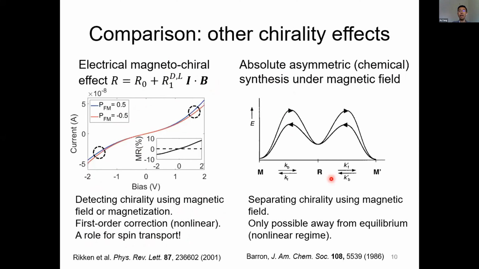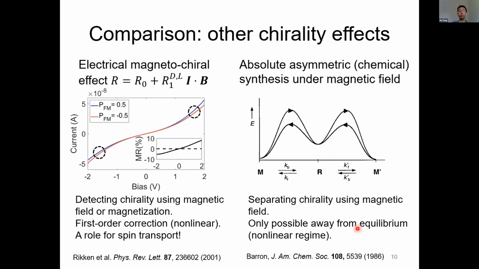It is a chemical reaction where we start from a non-chiral reactant or a racemic mixture of equal amounts of opposite chiralities, and in the product we have more of one chirality than the other. It was also known that this type of imbalance of chiralities cannot be induced by a magnetic field. However, it was pointed out by Barron a very long time ago that in fact that requirement only concerned the linear response regime.